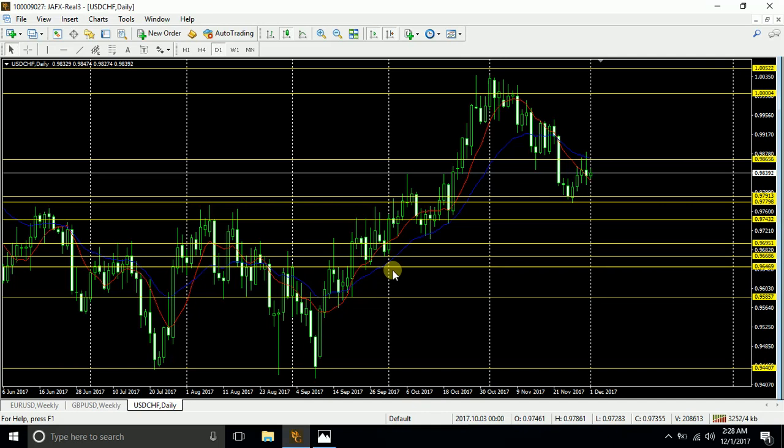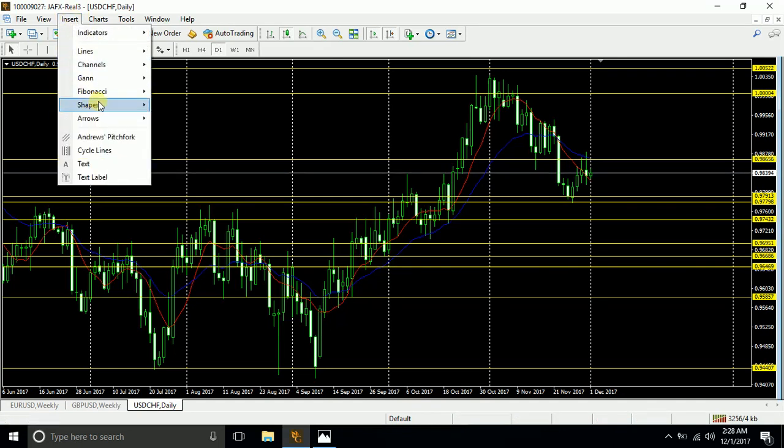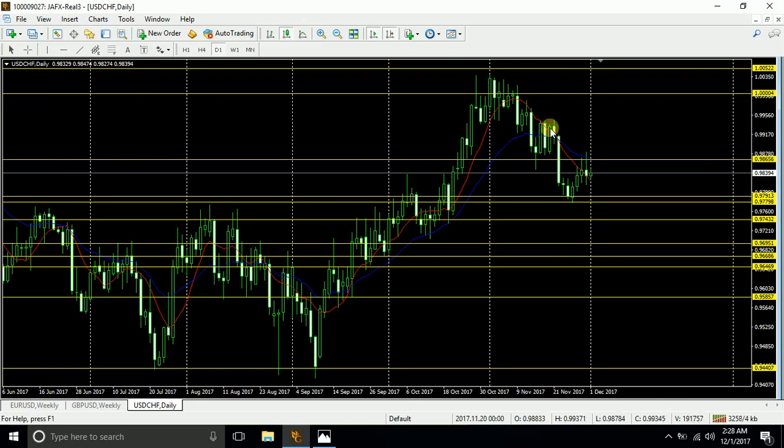Okay, now looking at this currency pair, we will see a cross here right off the bat on the daily.